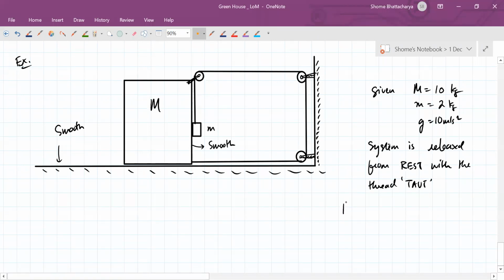So find the acceleration of each of the blocks. So let's work this question out quickly.